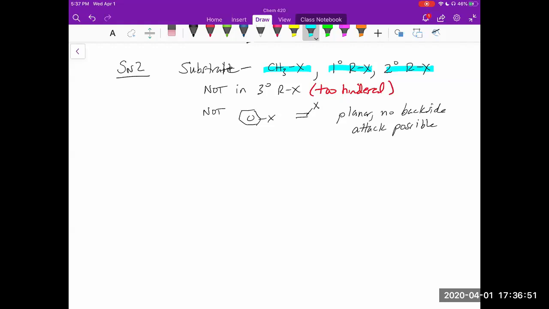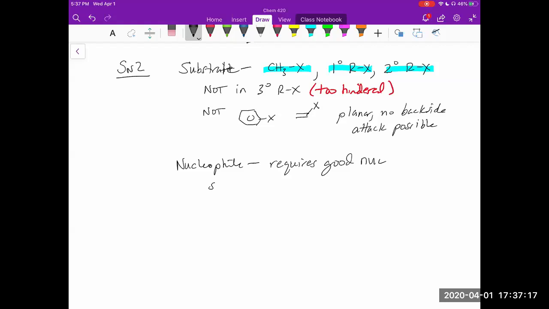In terms of the nucleophile, SN2 requires a good nucleophile. We saw the species that make good nucleophiles last time.